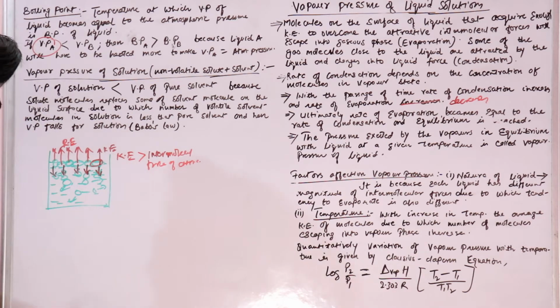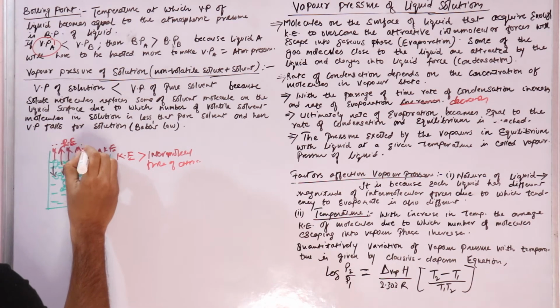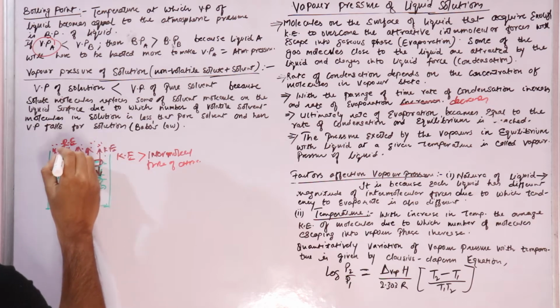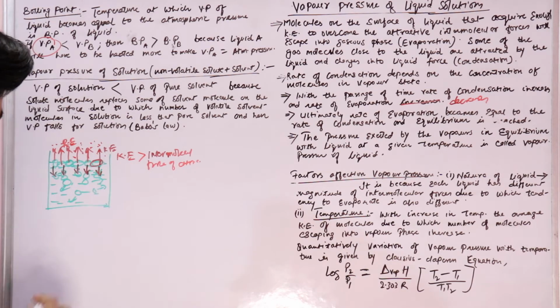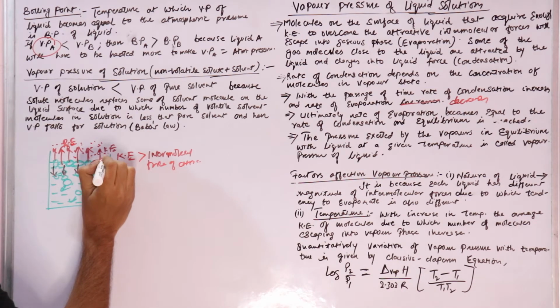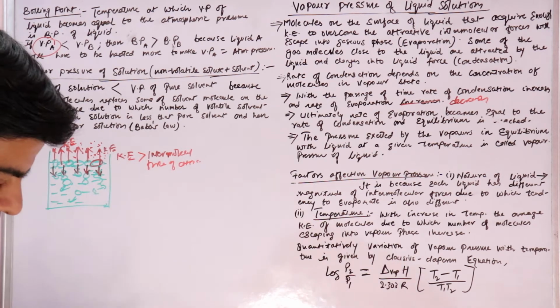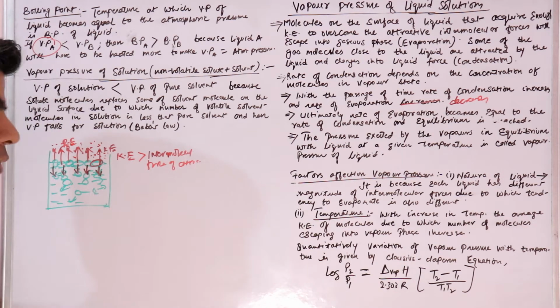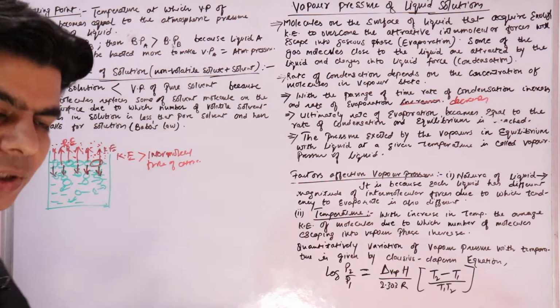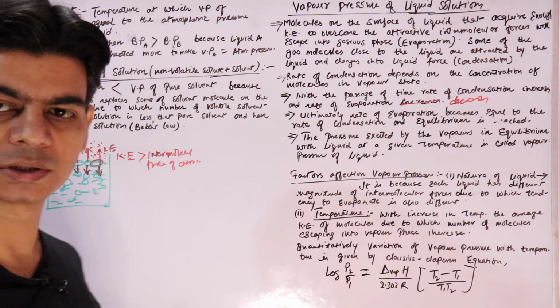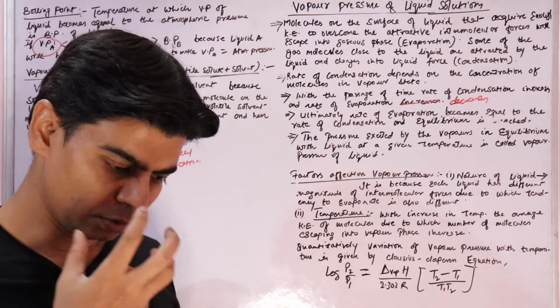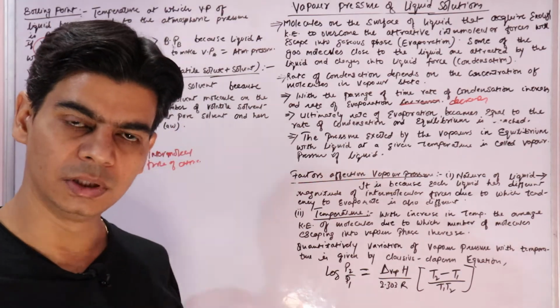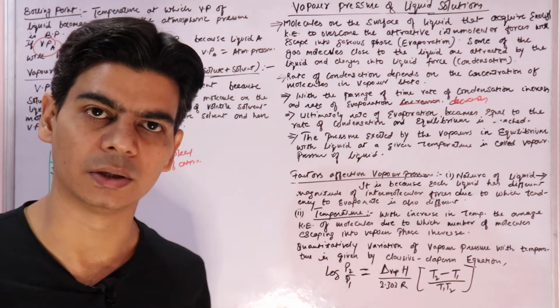Now, the molecules of liquid that will form vapors would be like this. And some of the vapor molecules that are near the liquid surface have a tendency to enter back into the liquid.